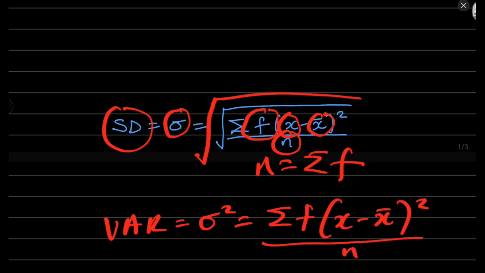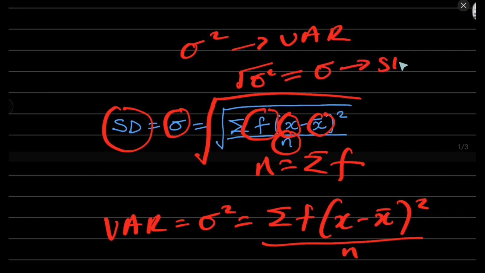So you can just find your standard deviation, and if you need your variance, all you need to do is square it. The square of your standard deviation gives the variance, and if you have your variance already, you just take the square root to give you your standard deviation.